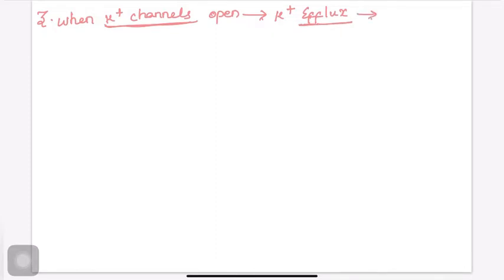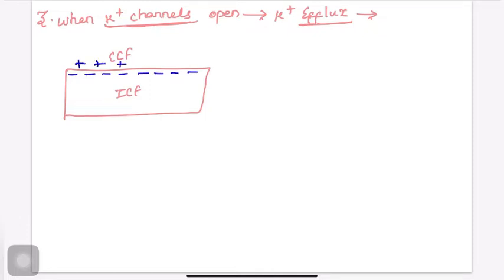So what happens when potassium moves out of the cell? We'll again draw a resting membrane potential in the polarized state. This is ICF and this is ECF. Inside is negative in the polarized state and outside is positive. Now potassium is moving out of the cell, right? When potassium moves out, positive charges are lost from the cell.